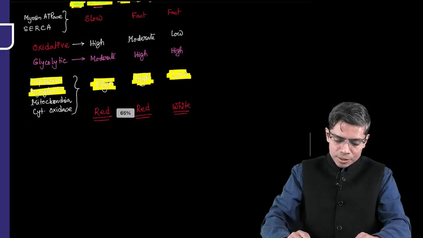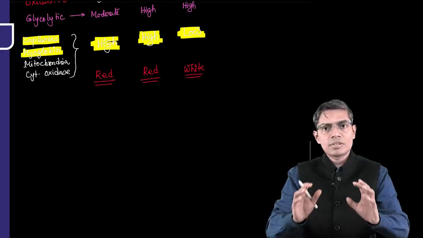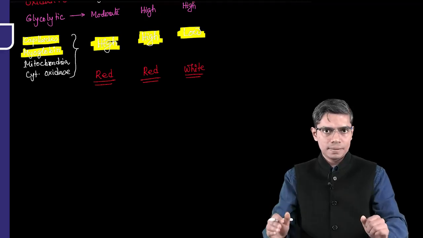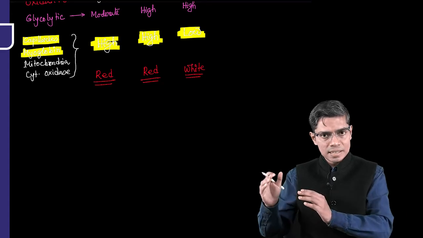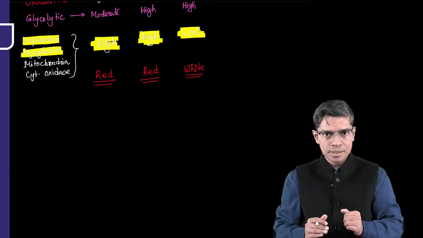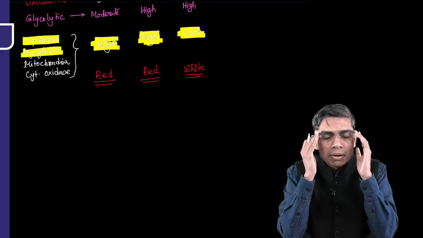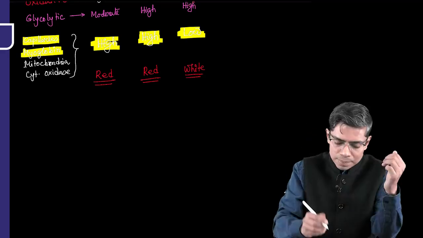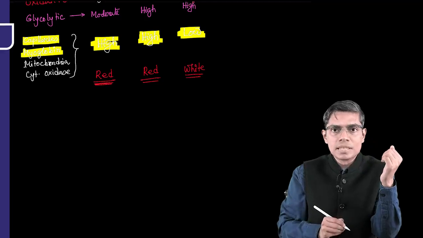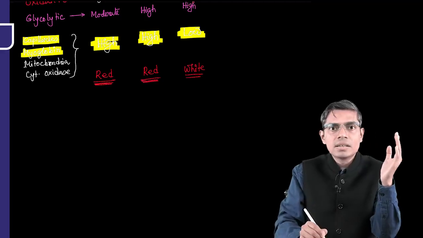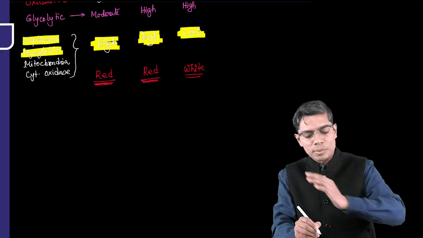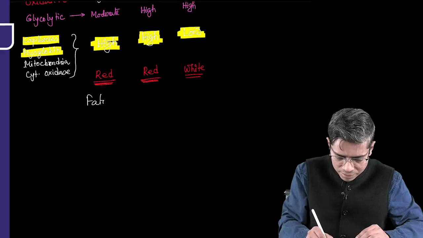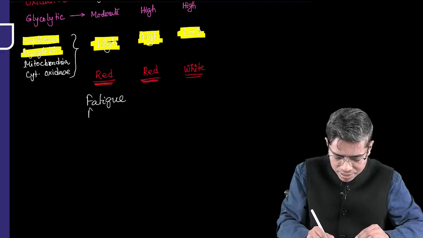Now, if the metabolism of the muscle is based on oxidative metabolism, then anaerobic metabolism is going to happen inside the muscle very late. And whenever anaerobic metabolism occurs, there will be generation of lactic acid and muscle fatigue will occur. So if the muscle is based on oxidative metabolism or red muscle, fatigue onset will be a late phenomenon. That's why we say type 1 muscle fiber is a fatigue resistant muscle.